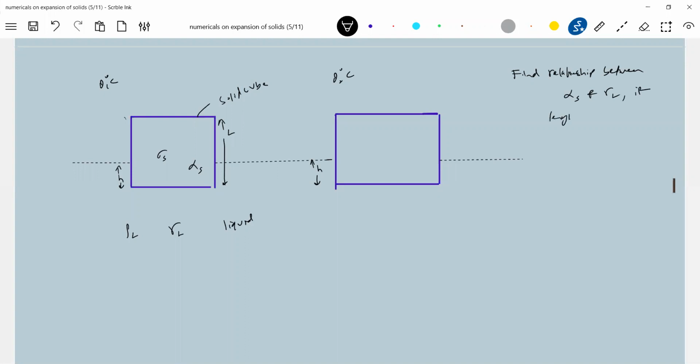If the length of the cube immersed in the liquid remains the same. In the simplest way, initially who will balance the weight of the solid?